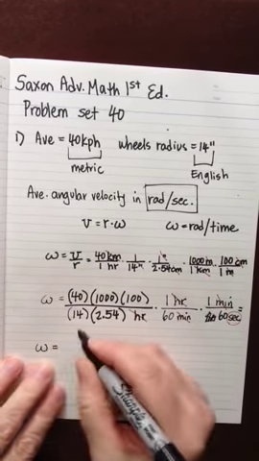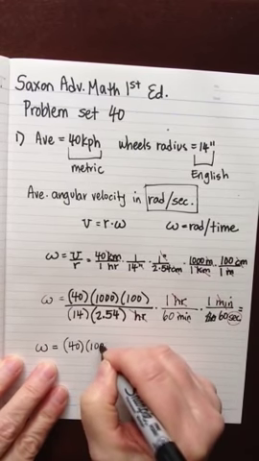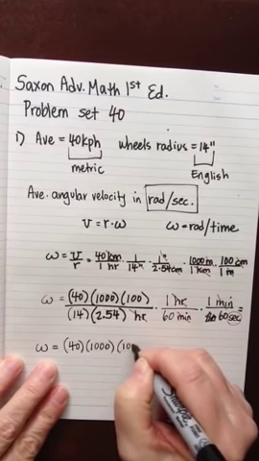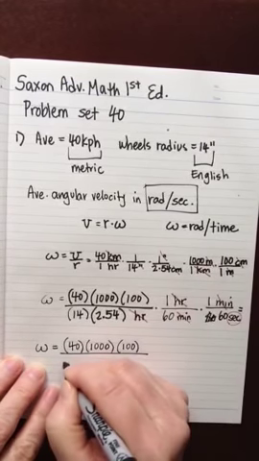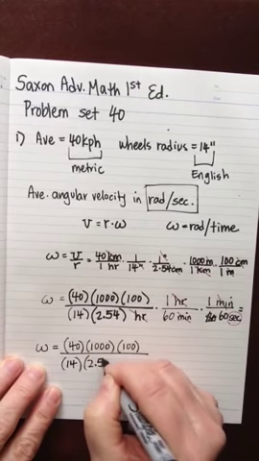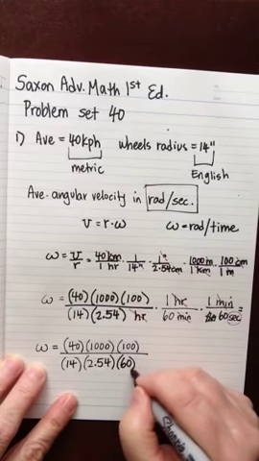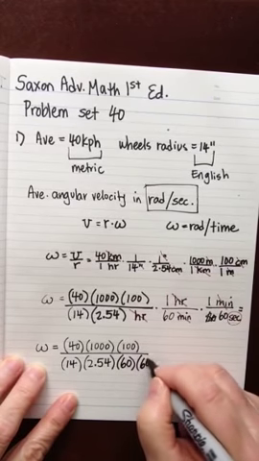In this case, the angular velocity is equal to 40 times 1,000 times 100 divided by 14 times 2.54 centimeters per inch times 60 times 60.